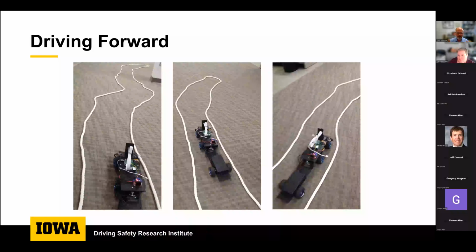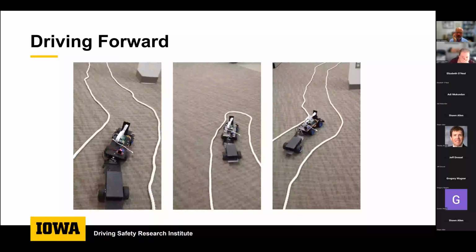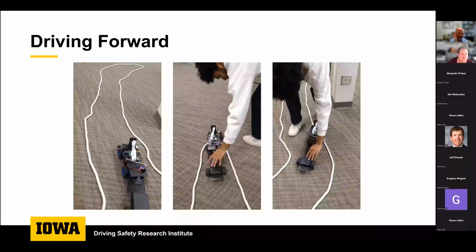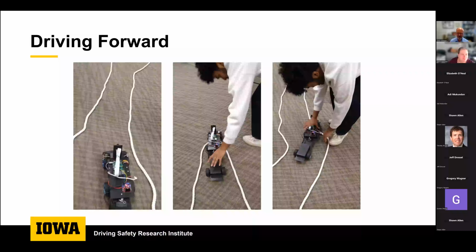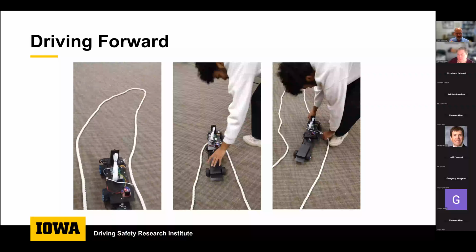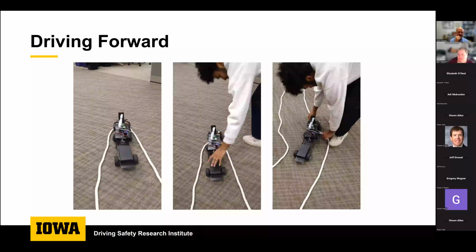And the first step in the process was to get it driving forward. And what you're seeing are some videos of that accomplishment. You can see we're using a rope as the lane lines, which is very convenient because we can just lay it out and we can make curves and bends in it.